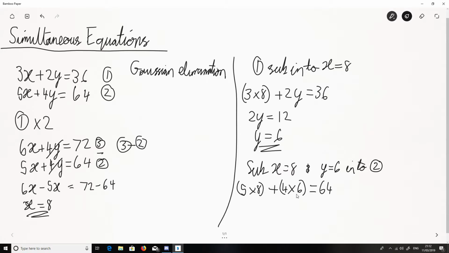So 4 sixes is 24. 5 eights are 40. So we've got 40 plus 24 equals 64, and so 64 equals 64. Therefore, our solution is valid.